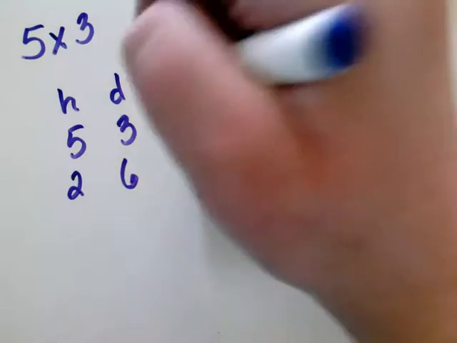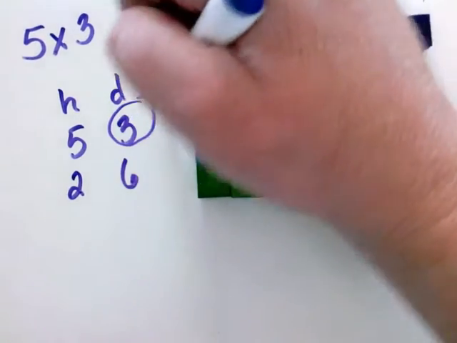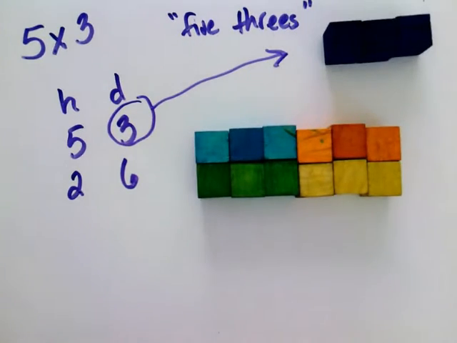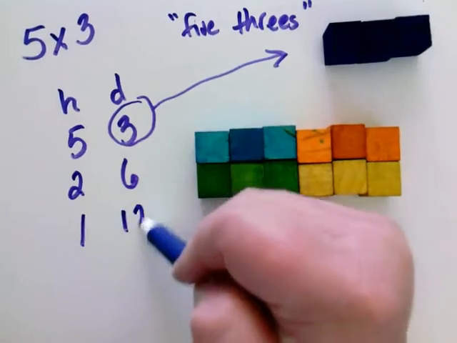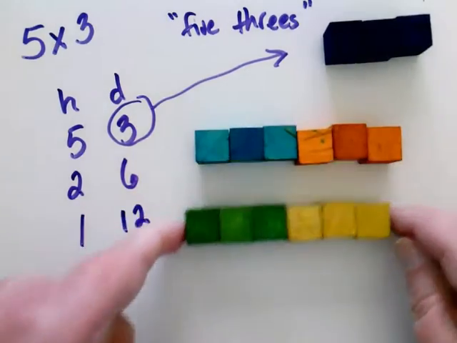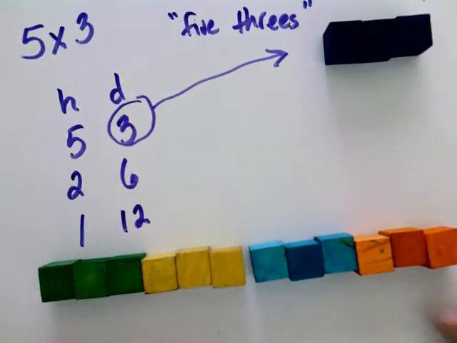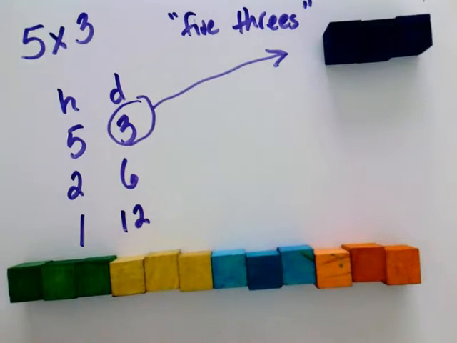So that group of 3 that we set aside is showing up right here in our work. It's the number opposite the 5. Now 2 and 6 can be halved and doubled to give us one group of 12.